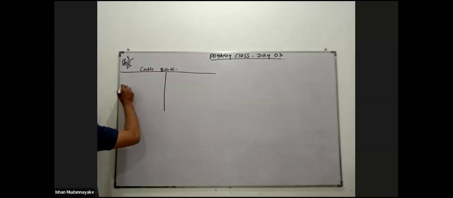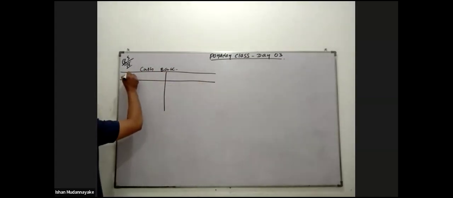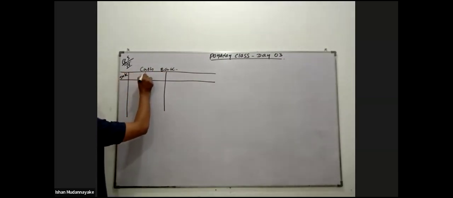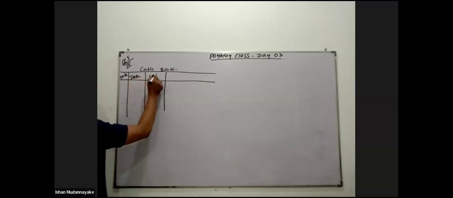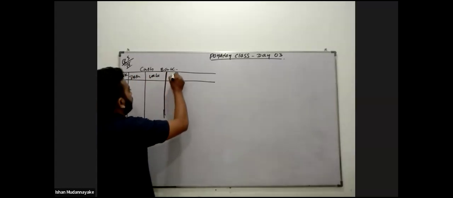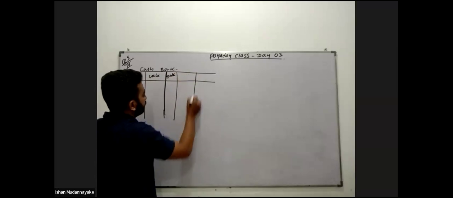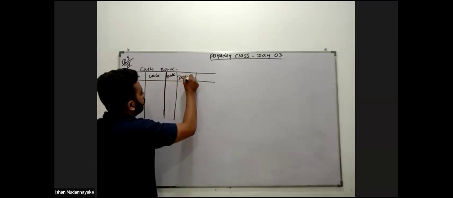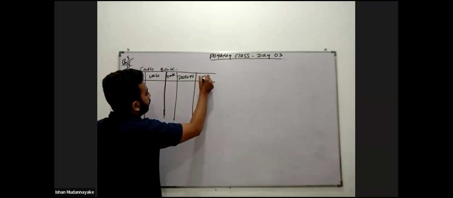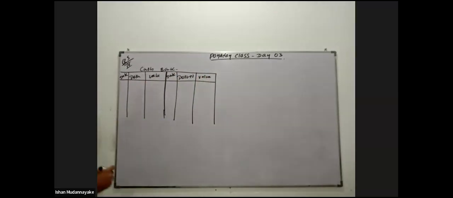Cash book. I write down date, description, and value in the cash book. Okay, in the cash book: date, description, value, amount.